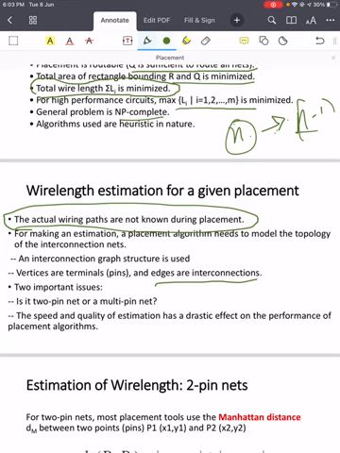So we'll look into all those interconnection topologies where we'll use some kind of graph structure for wire length.